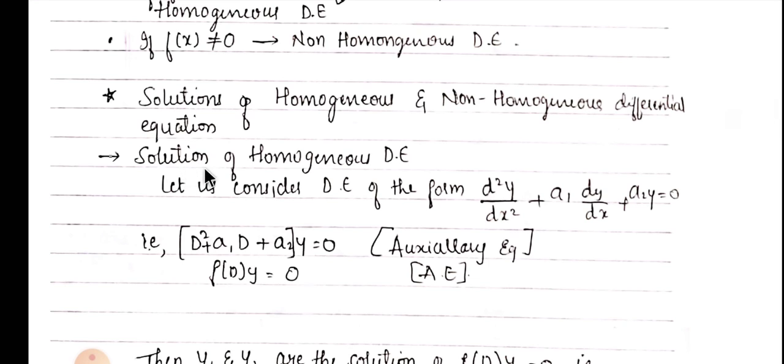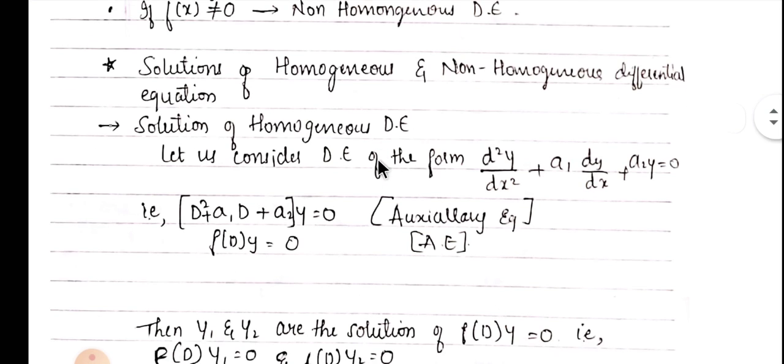First, the homogeneous differential equation. Let us consider the differential equation of the form d square y by dx square plus a1 dy by dx plus a2 y, which is equal to 0. Already I said that when the RHS is equal to 0, we call it a homogeneous differential equation.